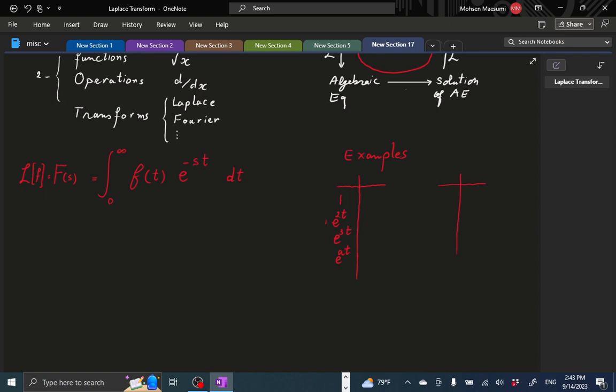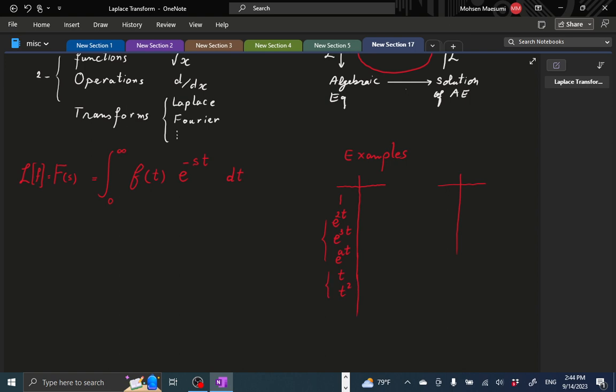So that's going to be a simple category for us to look at. Then we are going to look at what's the answer going to be when this function is a polynomial. Polynomial meaning what? Polynomial like t squared, and so on. So we are going to have a set of these.